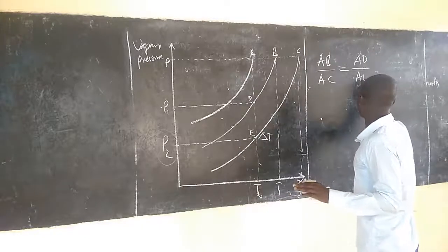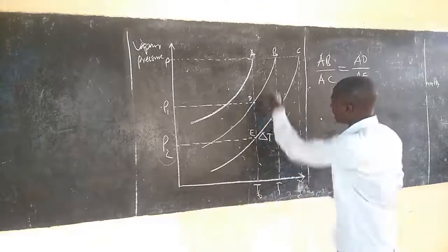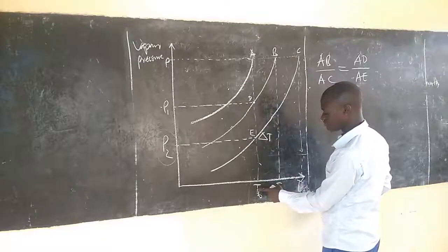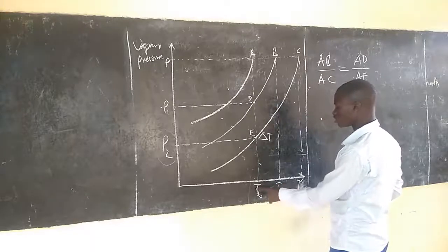So AB is T1 minus TB, because T1 ni kubwa kuliko TB.